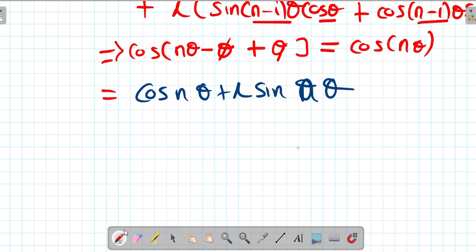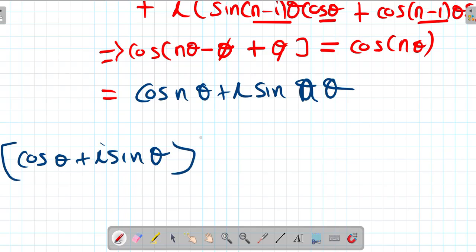Therefore, from what we knew, the left hand side we had cos theta plus i sine theta, raised to n minus 1, and we had to multiply by cos theta plus i sine theta.